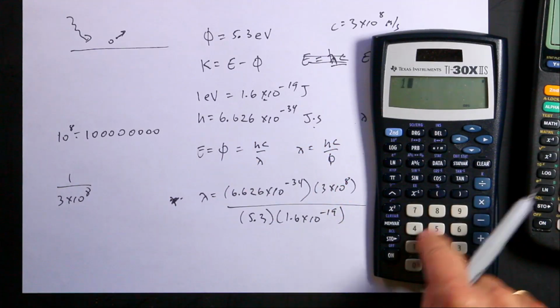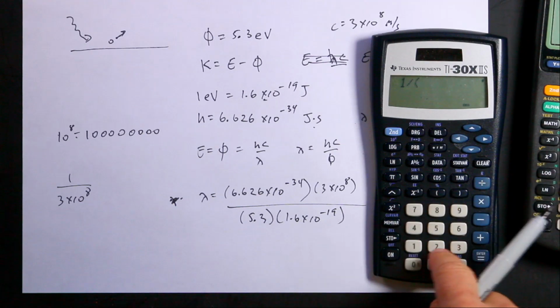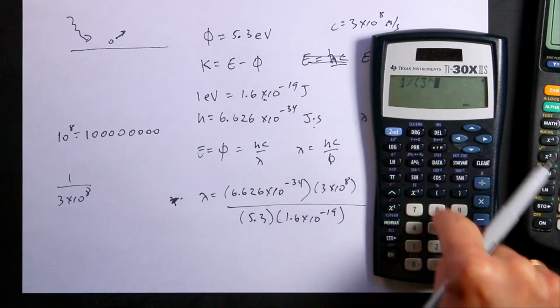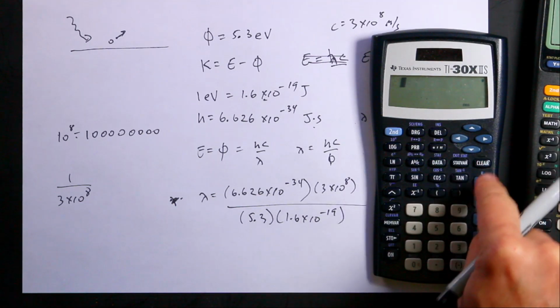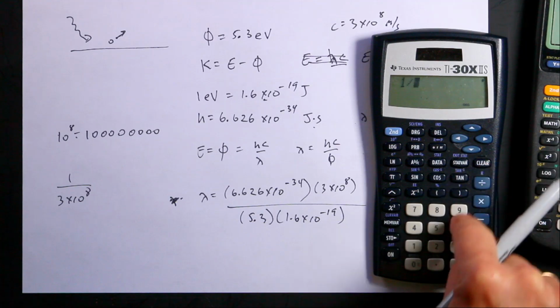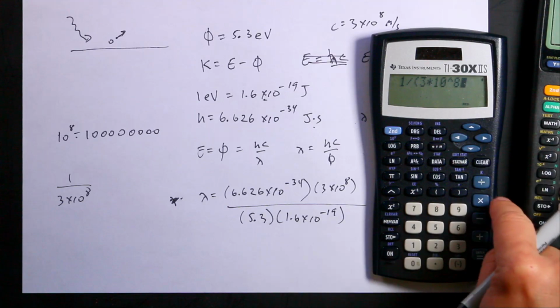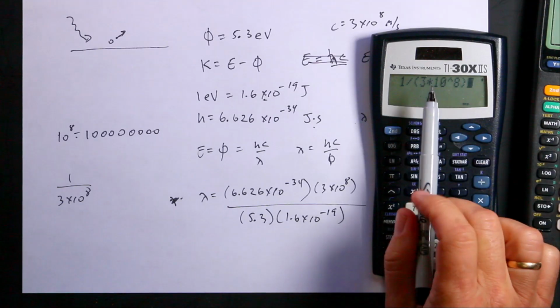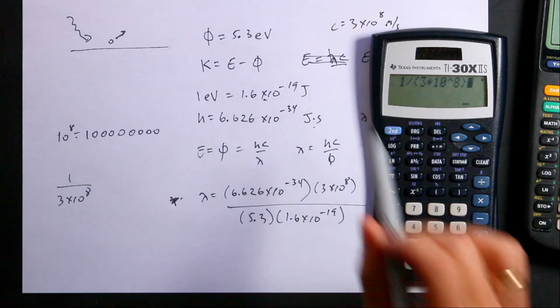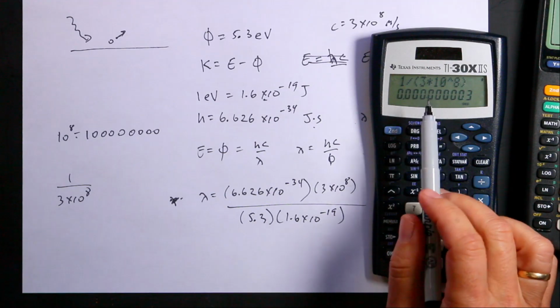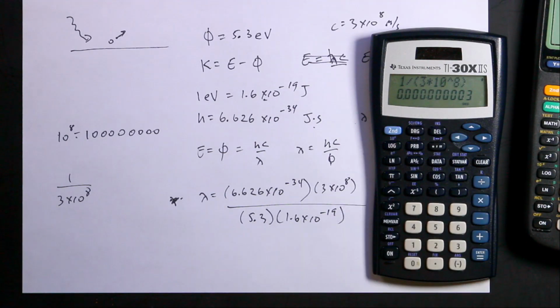So I could do 1 divided by parentheses 3 times 10 to the 8th. No, not 3 to the 8th. 1 divided by parentheses 3 times 10 to the 8th. And that works. Then it does all this in parentheses first and then divides 1 by it, and I get that same answer. I like the scientific notation way better.